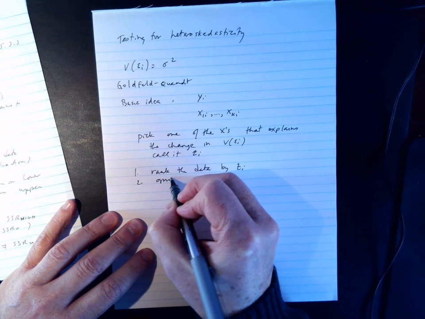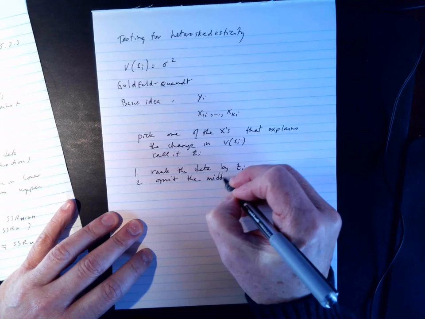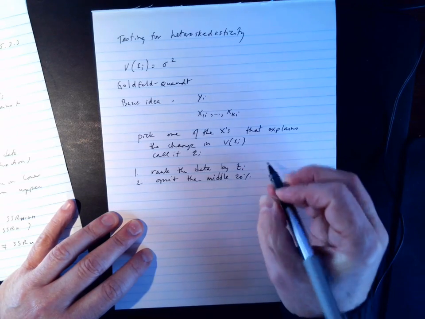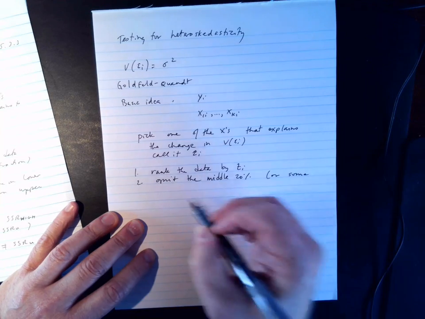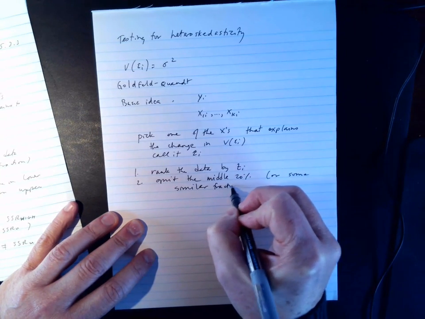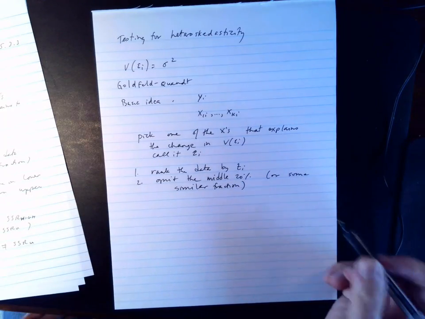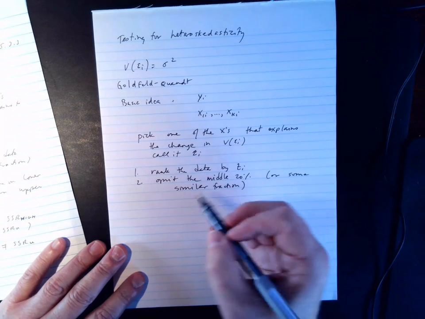Then omit the middle 20%, or some similar fraction. We'll go with 20%. That's the usual fraction.